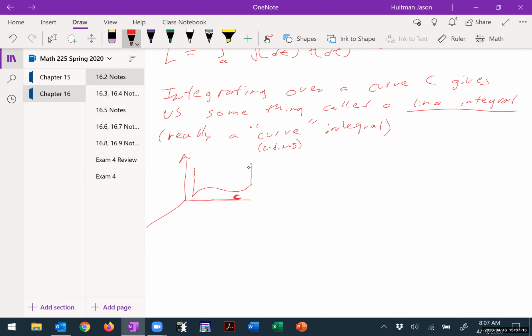Now the Z coordinate, maybe I'll do something like so. But maybe I'll do something like this. It doesn't necessarily have to follow the same height.